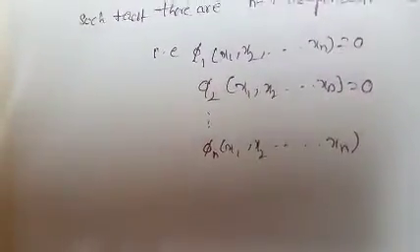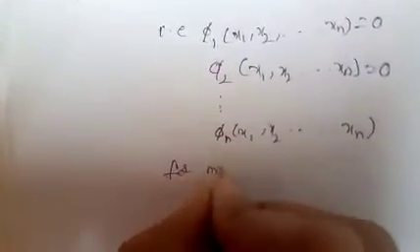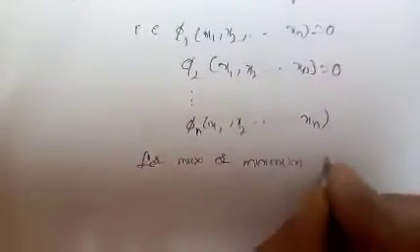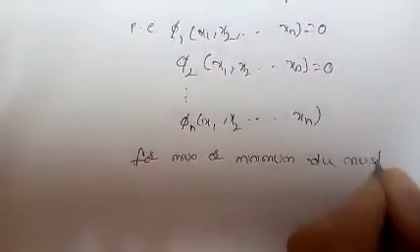So now for maxima or minima, the value of du must be 0. So write here, for maximum or minimum, the value of du must be 0.